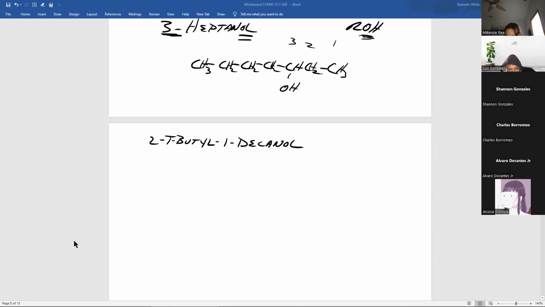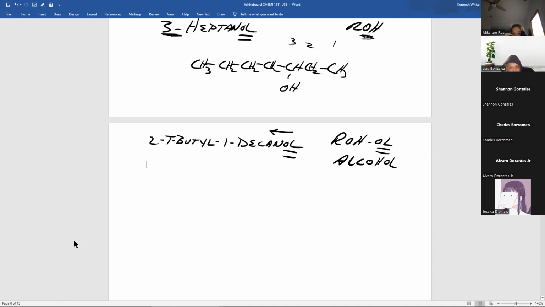All right, looks like everybody's done. So how do you know what to draw when you see the name 2-tert-butyl, 1-decanol? You start from the right, move left. OL ending. That tells you it's an alcohol.